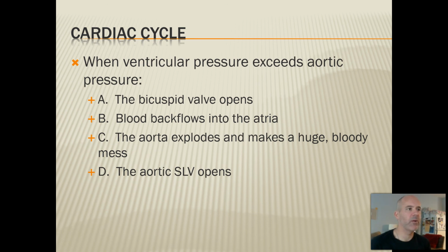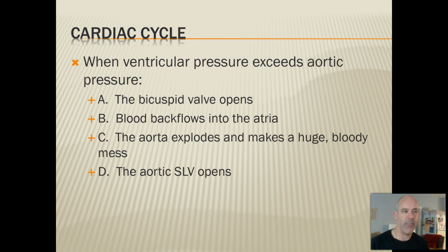All right, when ventricular pressure exceeds aortic pressure, what's going to happen? So your ventricles are contracting, pressure's going up, they're squeezing the blood. And think about your aorta up here above the heart. The aorta has a certain amount of blood pressure within its walls. And you've got that valve in between, your aortic semilunar valve.